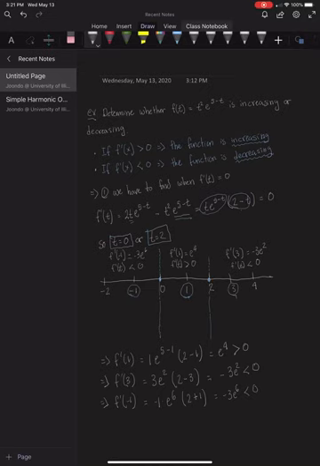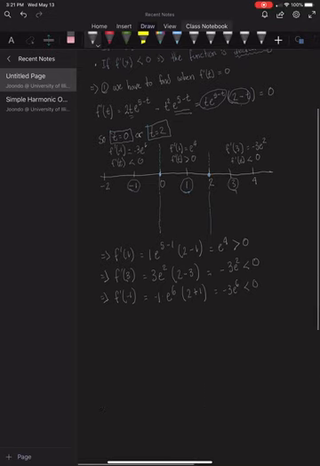But before I go to another application, what happens at 0 and 2 if you plug in 0 and 2 to this function? F prime of 0 is going to be 0, and f prime of 2 is also going to be 0.